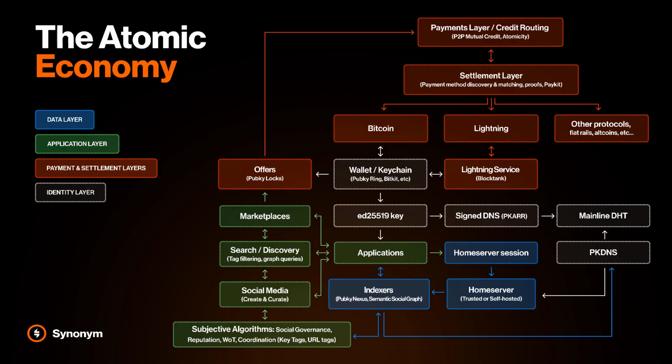And they do this in our system right now in a distinct way through what we call a semantic social graph. The semantic social graph is just a way of using these indexers as a graph and having the primary aspects of it be keys, like identities, people, pubkeys, and URLs.